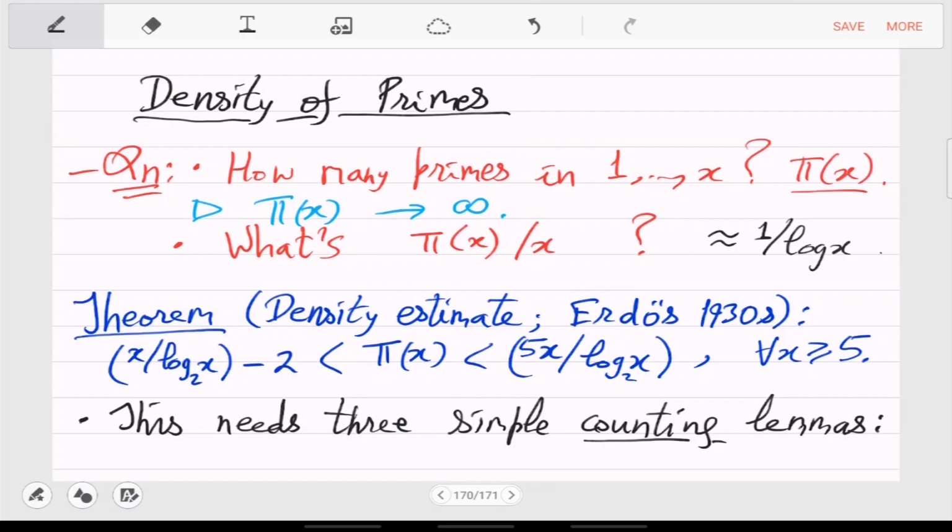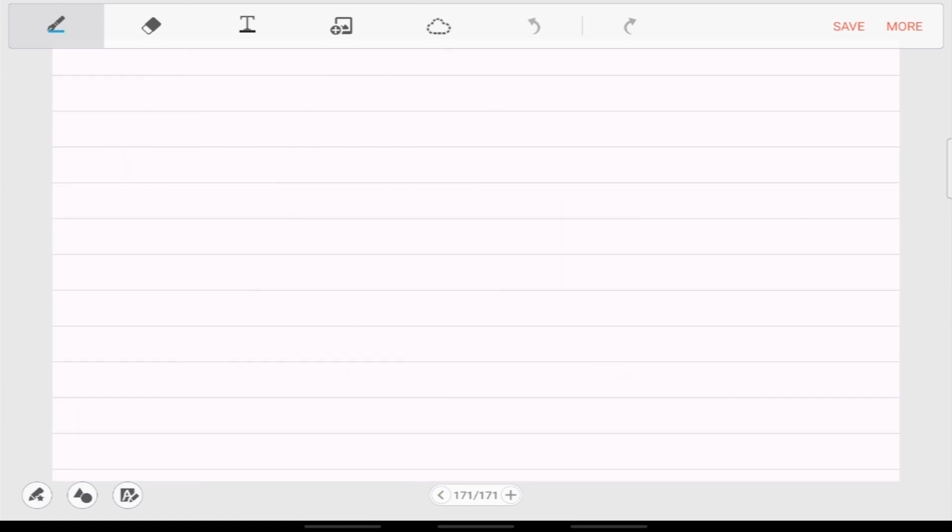So you have seen many counting methods when we were doing combinatorics. So just from there we will use some simple properties of binomials which will imply this density estimate of Erdos. So first lemma is, let me call it lower bound.